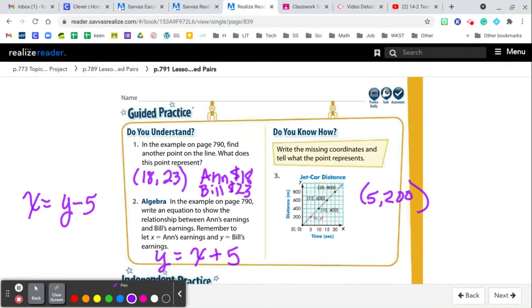Now I want to look at the labels here. The jet car distance. So my x value is going to be time, and my y value is going to be distance.